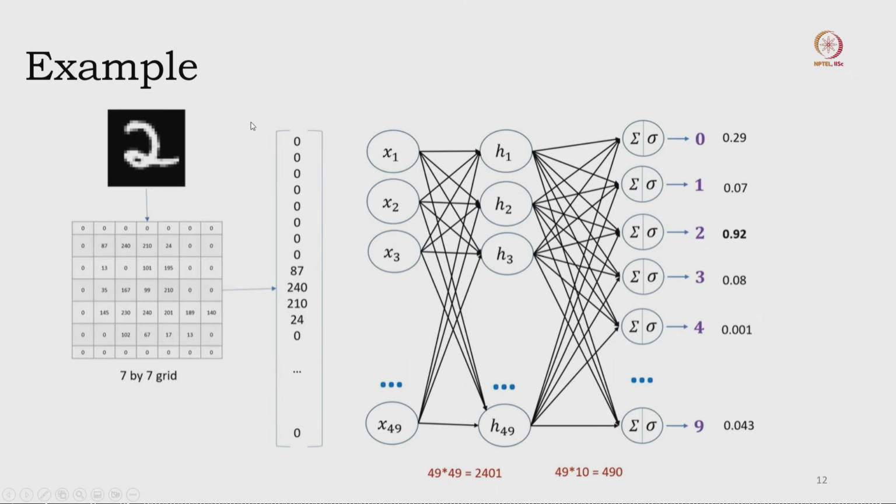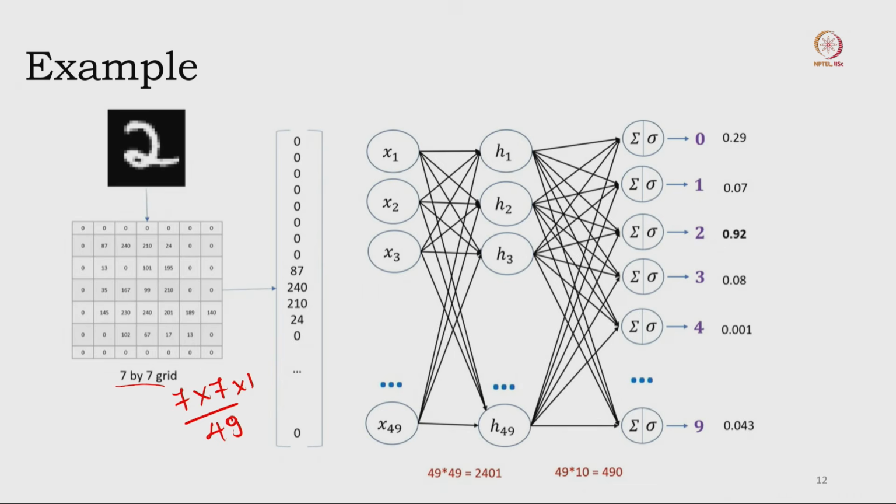Now, what is the size of this? The size is 7 cross 7. Since it is grayscale, the number of channels here is only 1. Therefore, the size of this image is 7 cross 7 into 1, which is 49 neurons.